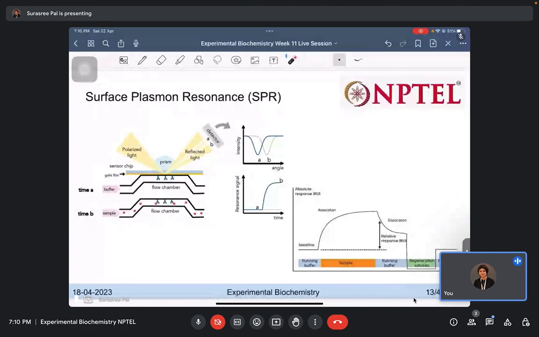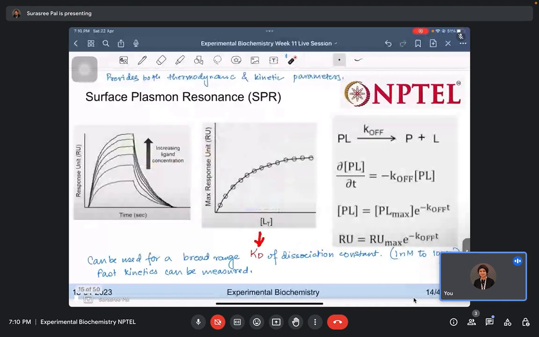Now, how do we determine the thermodynamic and kinetic parameters from this SPR experiment? What we do here is keep on increasing the ligand concentration.